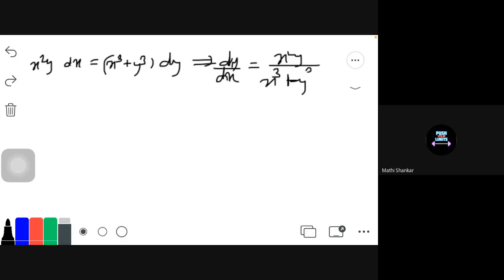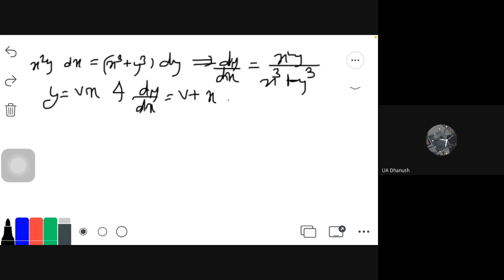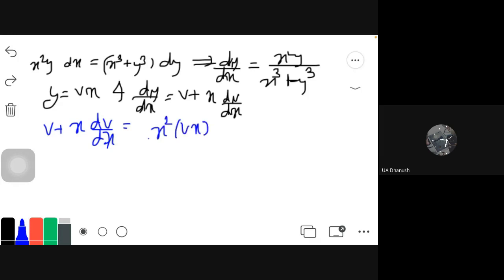Okay, so now we will do a substitution. Put y is equals to vx and dy by dx will be nothing but v plus x into dv by dx. So instead of dy by dx, I will put v plus x dv by dx is equals to x square, instead of y, I will put vx, upon x cube plus, instead of y, I will put vx the whole cube.